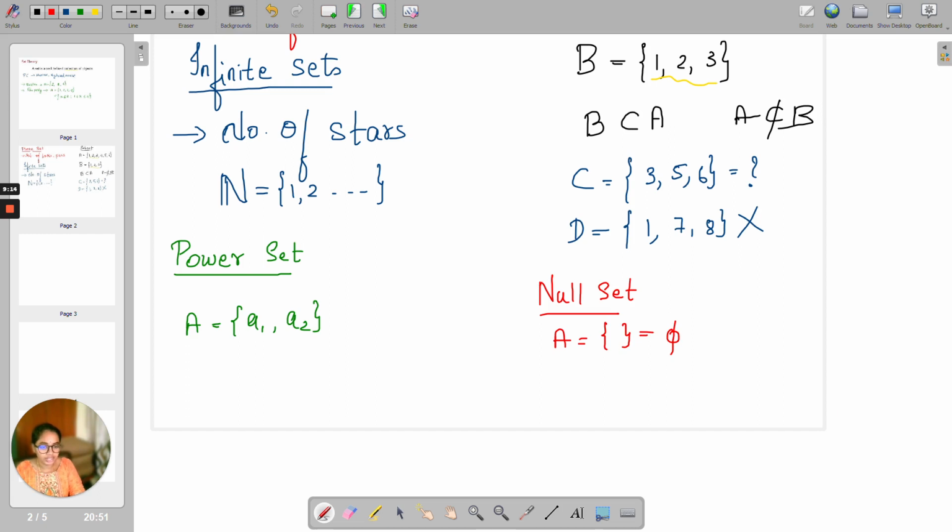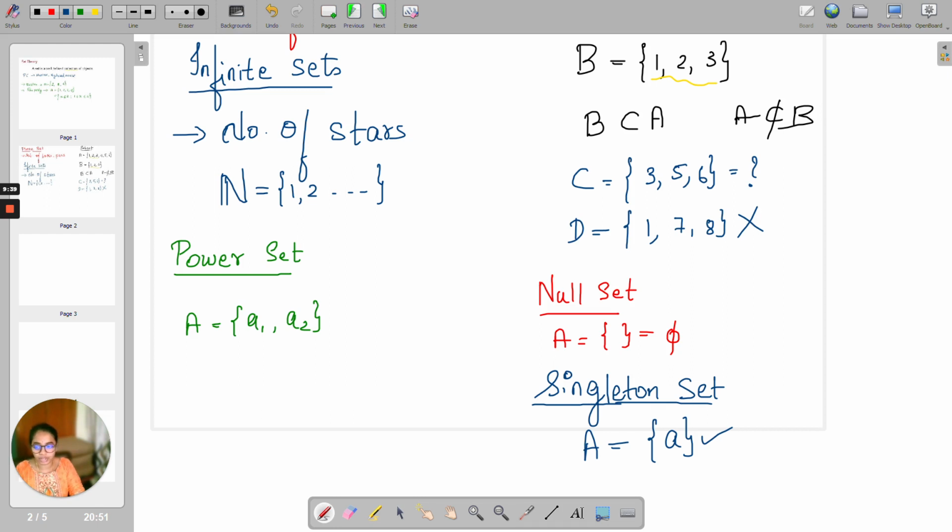Next, a singleton set. A singleton set means, as the name specifies, the set contains only a single element. So A is equal to {A} means this is a singleton set.